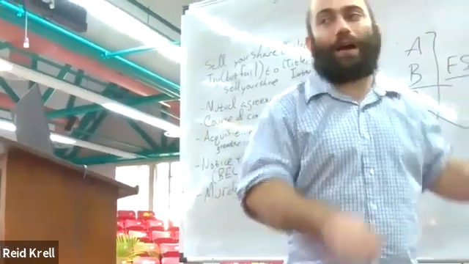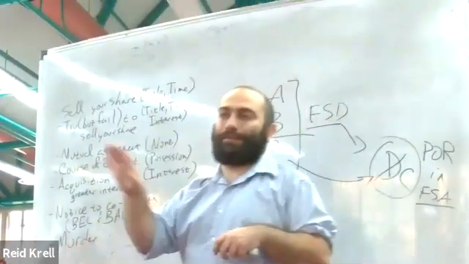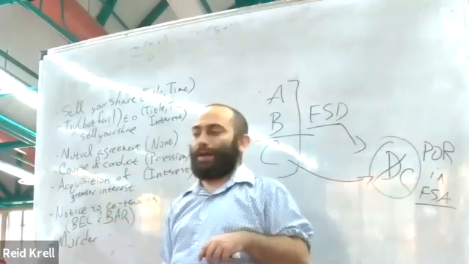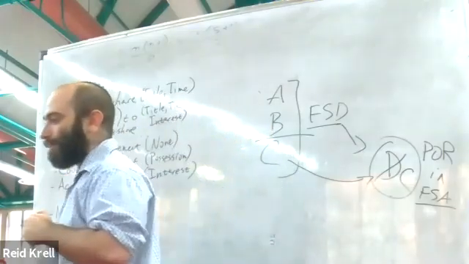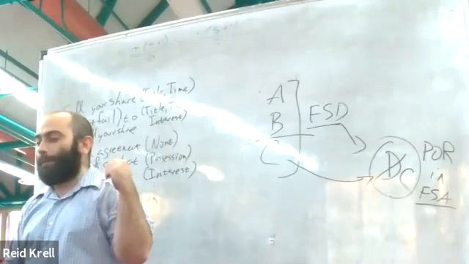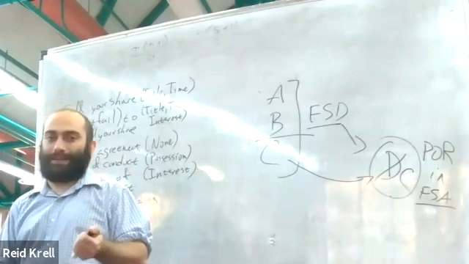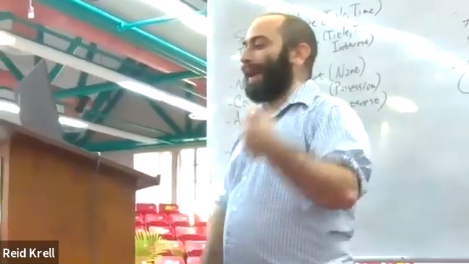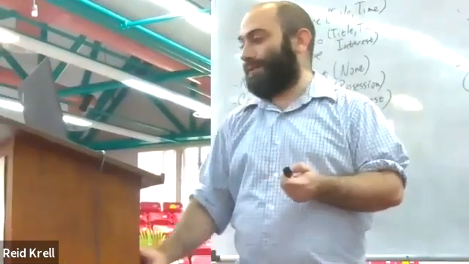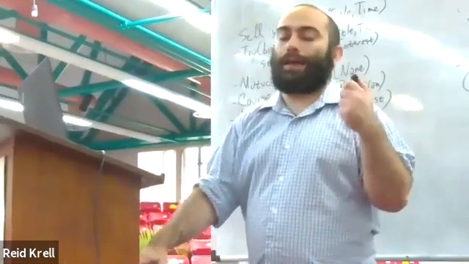If you have a tenancy in common, it passes to the heirs, or to the future interest if it's a life estate. But the question is, what happens to shares when they are severed?